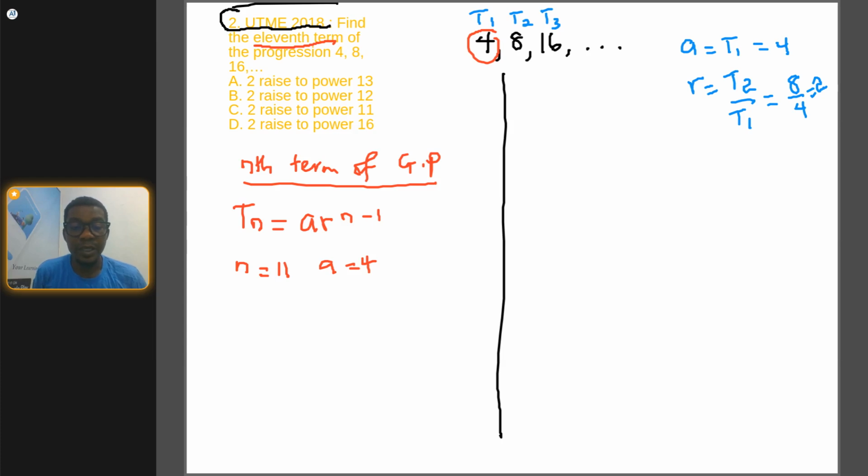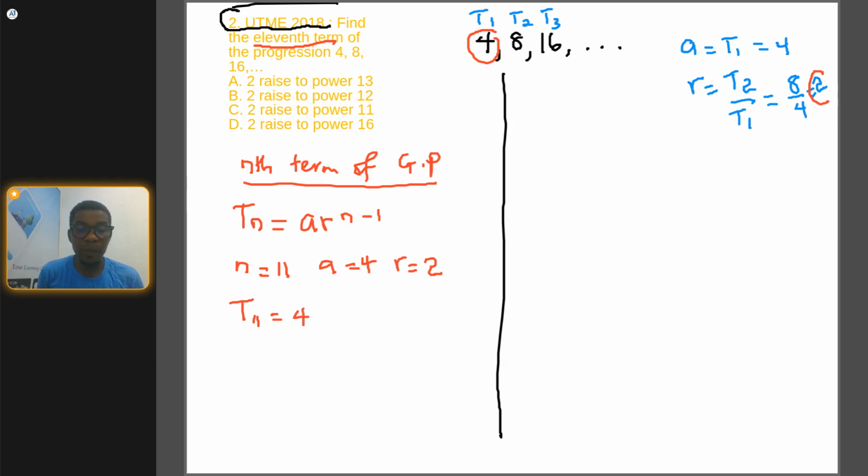Then we need to get R. R has been solved here to be 2. So R equals 2. Substitute all of this inside the formula. We have T11 equals AR^(n-1).